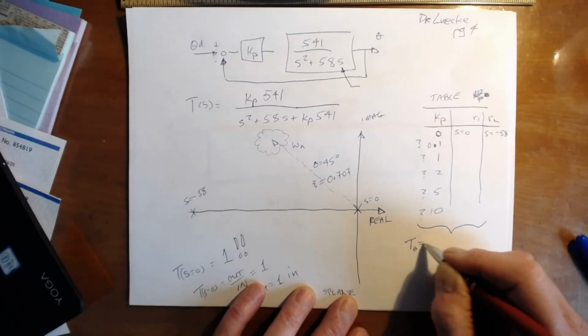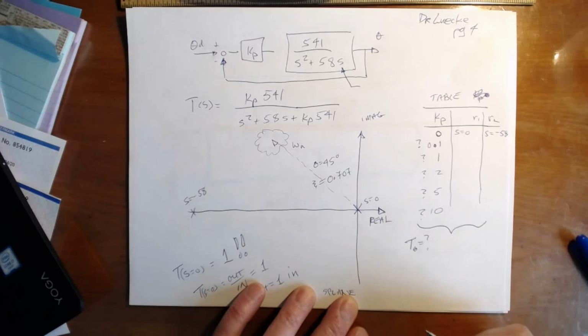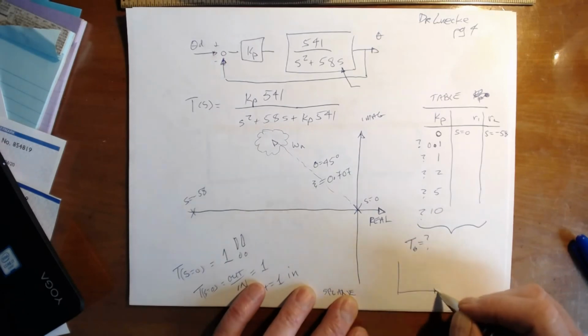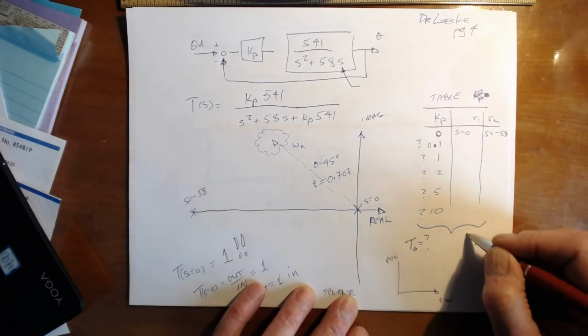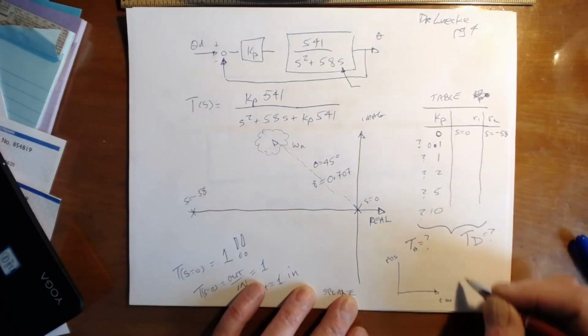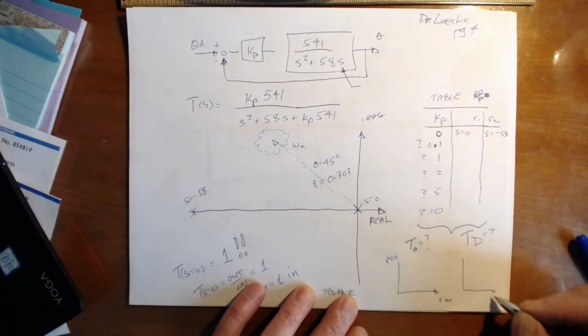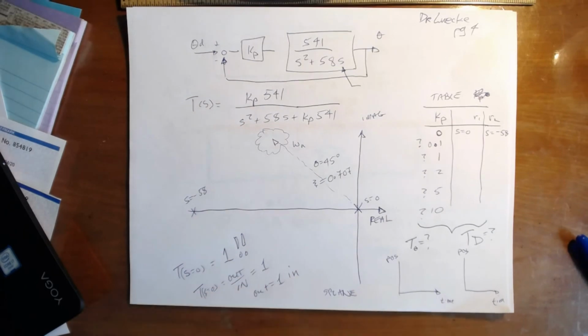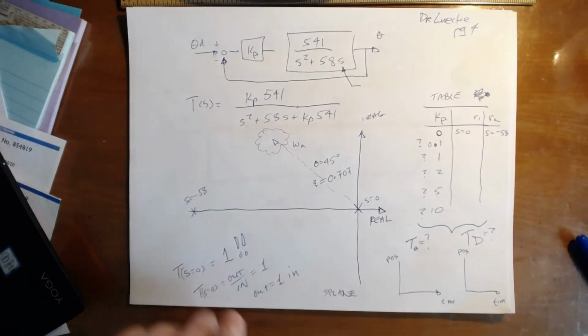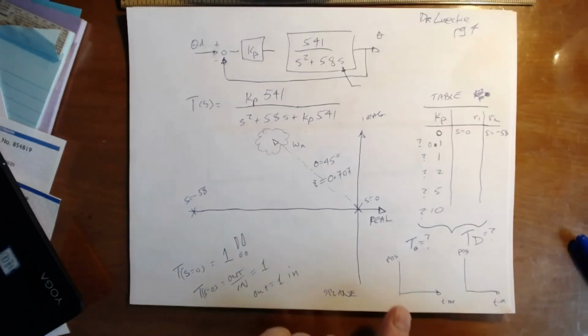What does that response look like? Time, position. And we also have to look at T sub D, where we're also going to look at time and position. Now, for a unit step input of the disturbance, we already know, we looked at the steady state value, this is 1.